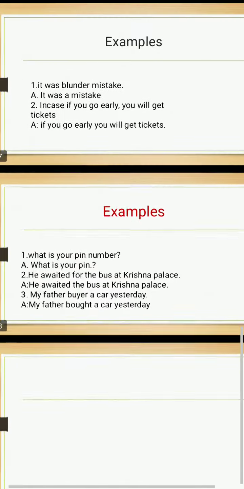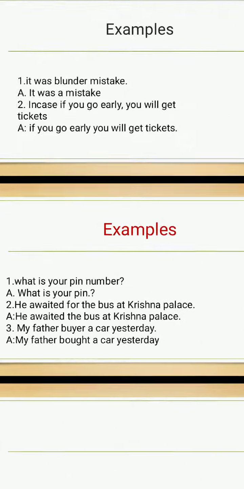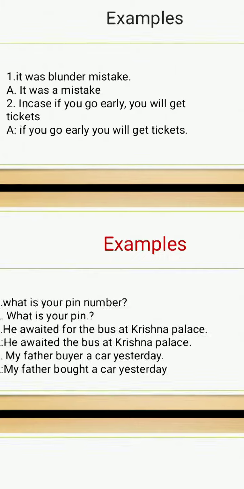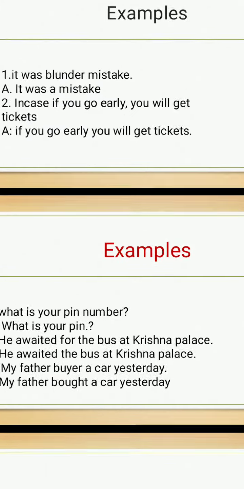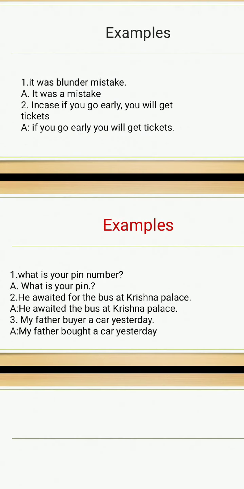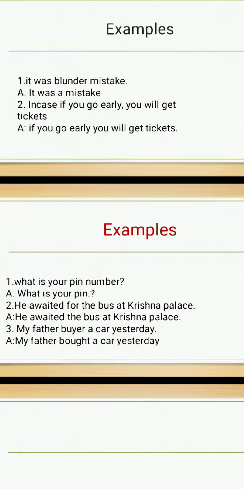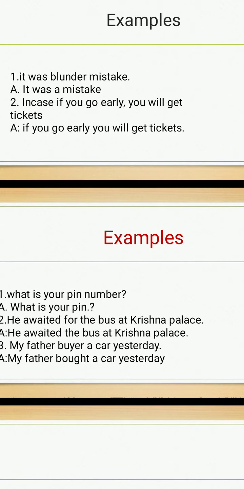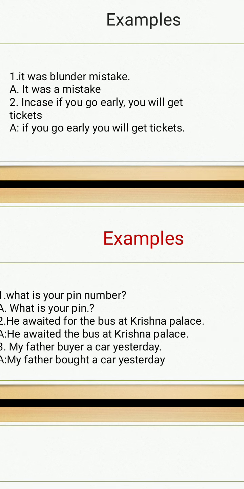Next, have a glance over slide number 7. Here also two examples are given. The first one is, it was a blunder mistake. Here also the usage of vocabulary is wrong.